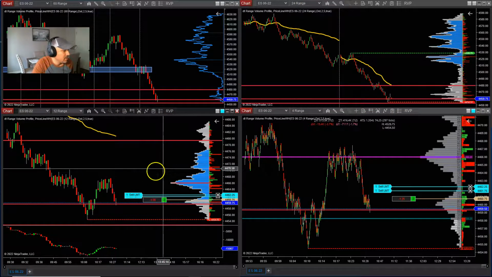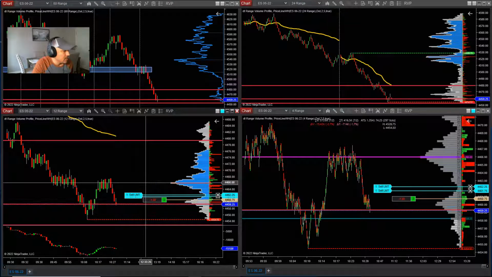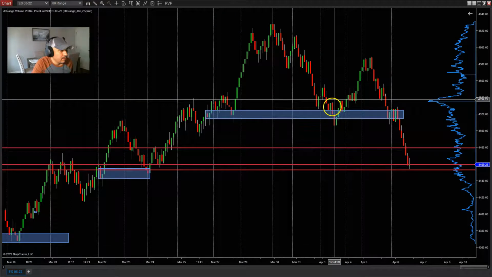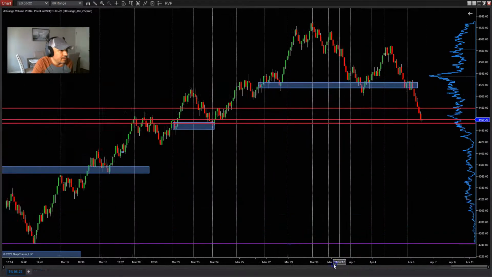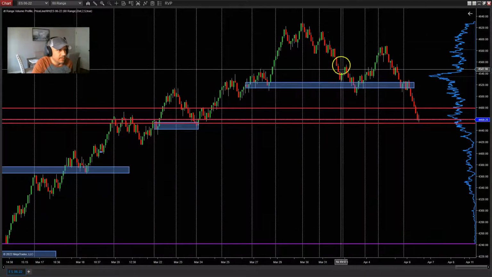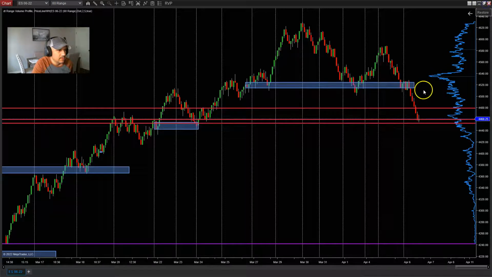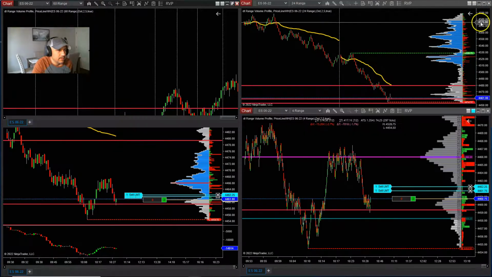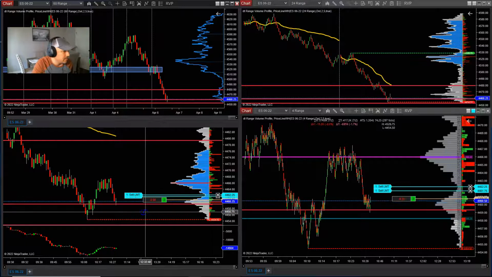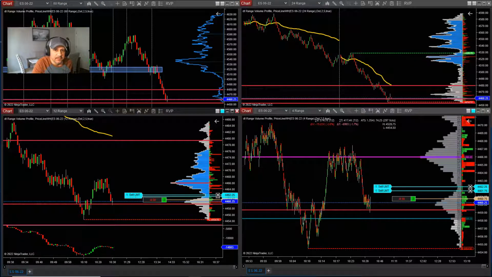But we got to be careful because, like I mentioned, the market has been a little bearish here. Look at the higher time frame. So come on, come on, push up.